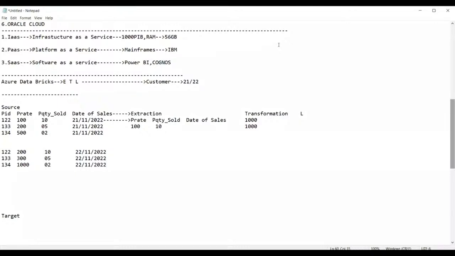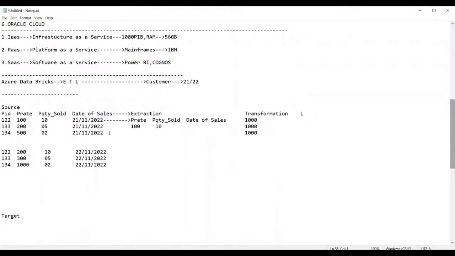Now guys, see here. We were discussing the calculations. 100 into 10 is 1000. 200 into 5 is 1000. 500 into 2 is 1000. Now calculate the sum here.